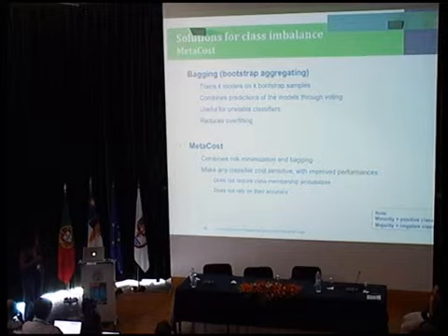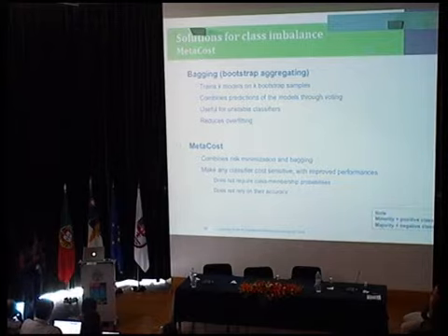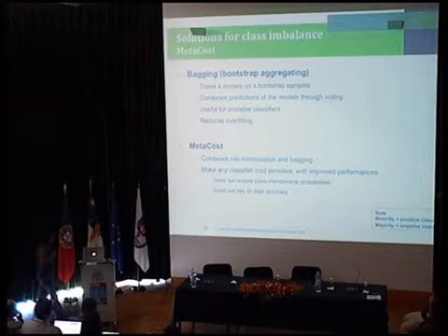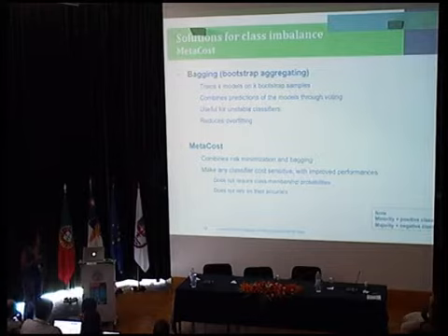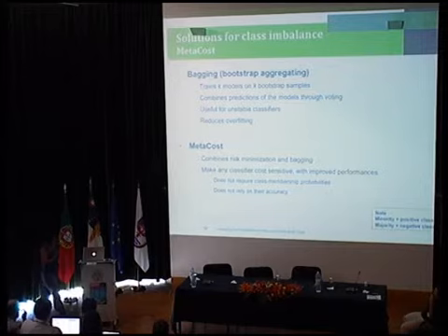Okay, and then there's also MetaCost. MetaCost combines risk minimization and bagging, makes any classifier cost-sensitive with improved performance, does not require class membership probabilities, and does not rely on accuracies.